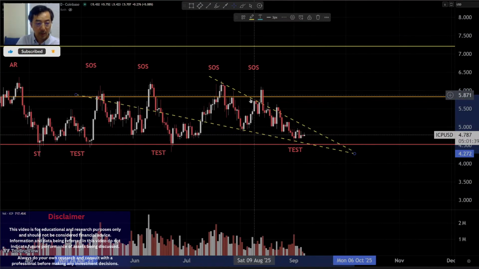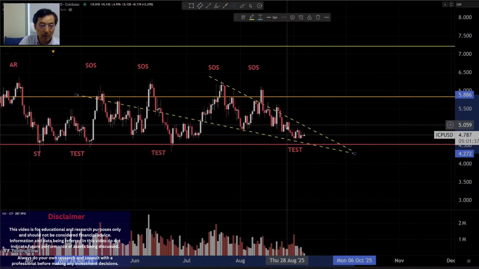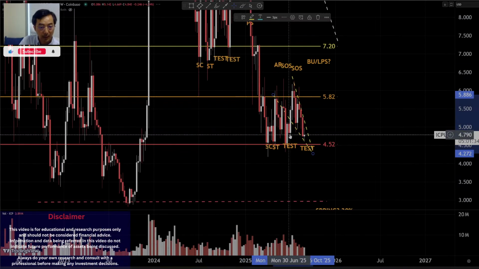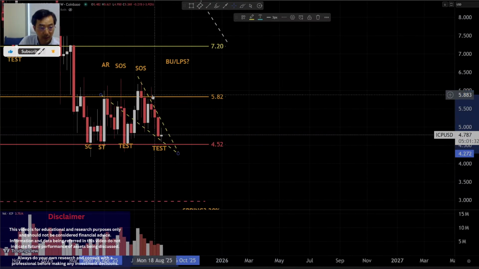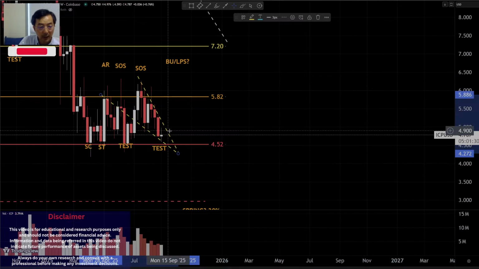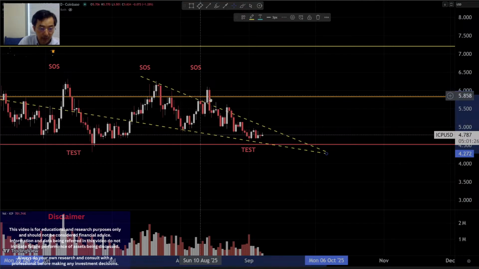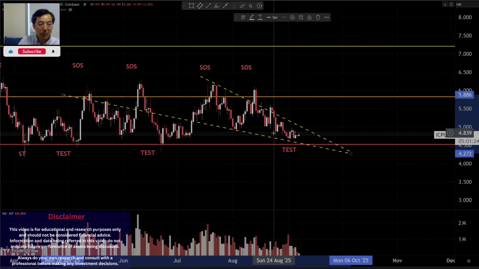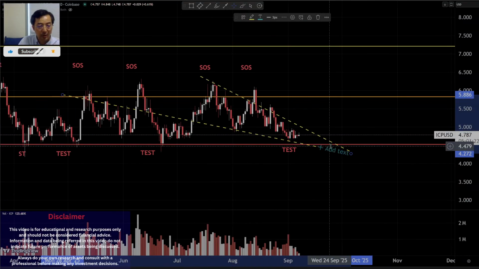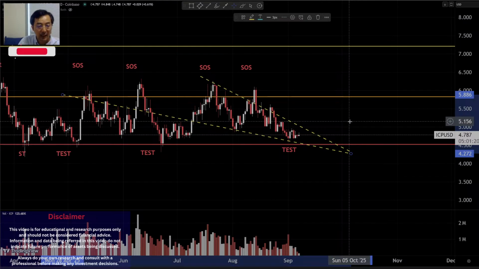So here you see it doesn't look like much of this here, because the wicks in the weekly show up as a solid candle body over here. So one would have thought this is not the right way to look at it in the daily time frame.